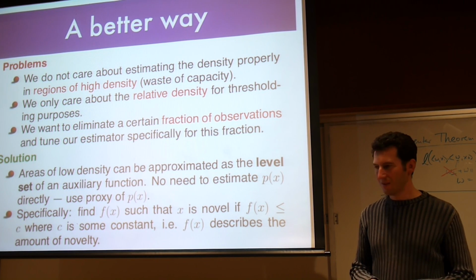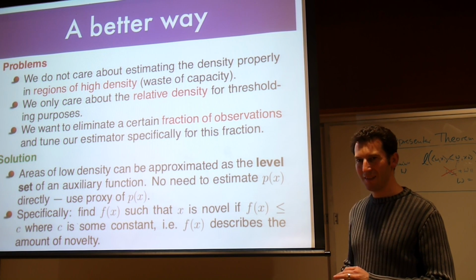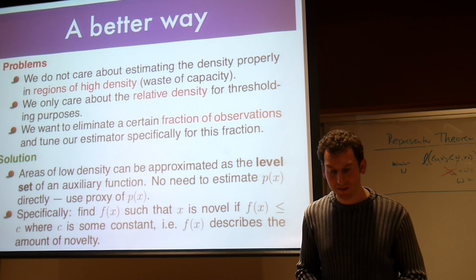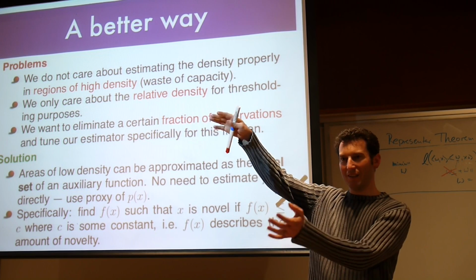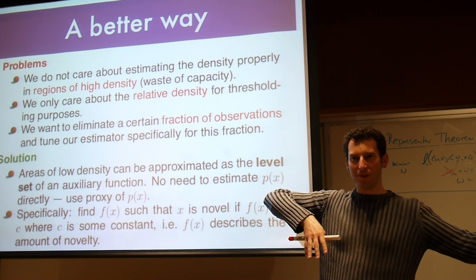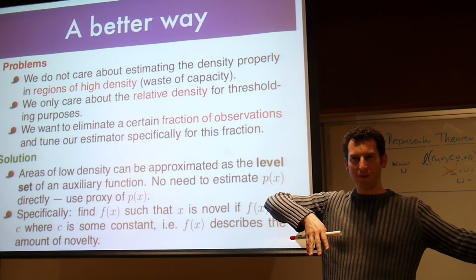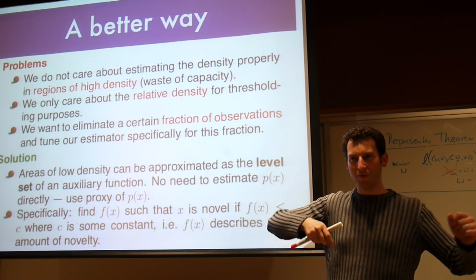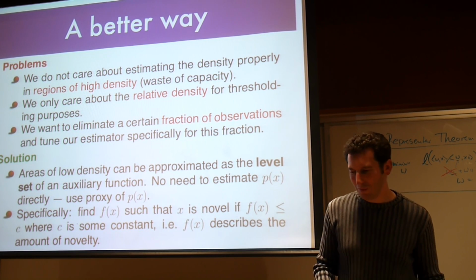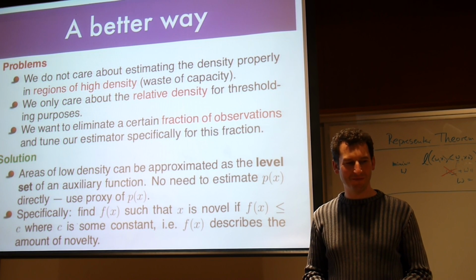So the problem is that my density estimator will typically try to do really well for the very high density regions and do poorly for the low density regions. So if I use my density estimator, I'm going to use a device that's engineered to do poorly for the regions that I care about. Bad plan.